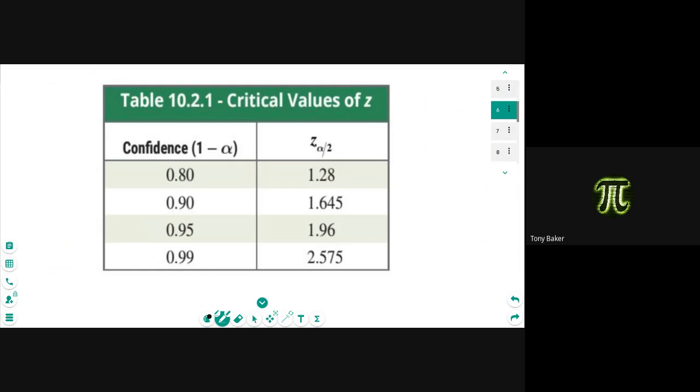A couple numbers I want you to key in on this one. Notice 95% is not 2. It's close, but it's not exactly 2. So the empirical rule where 95% is 2 standard deviations is close, but it wasn't exact. It's actually 1.96. The other one is 1.645. Do you remember hearing that number before in this class?